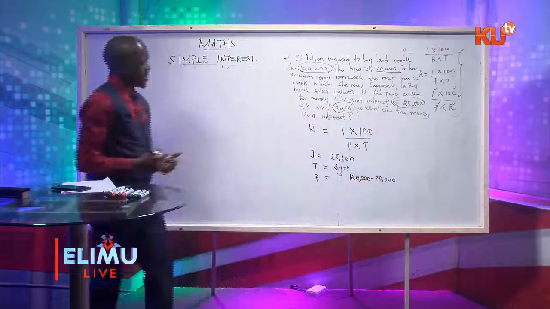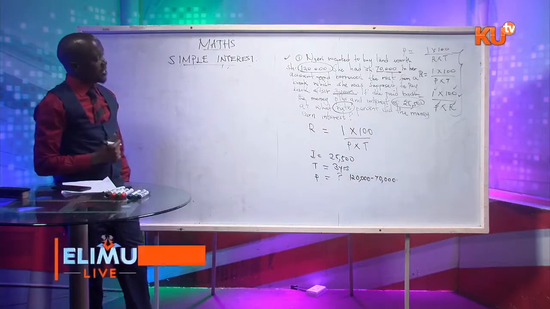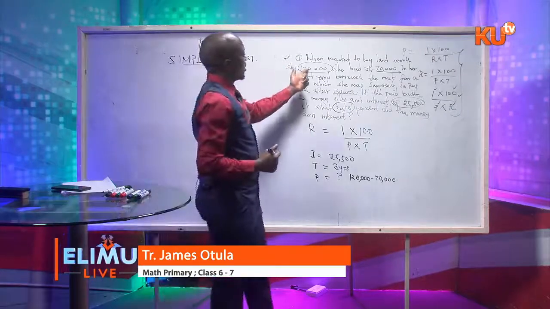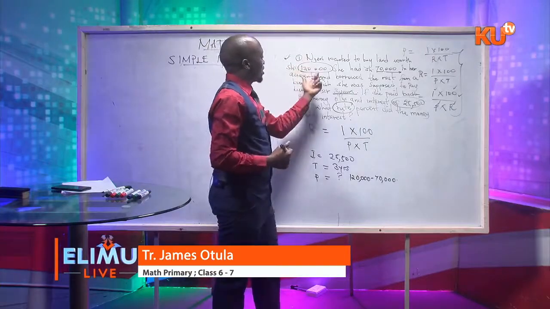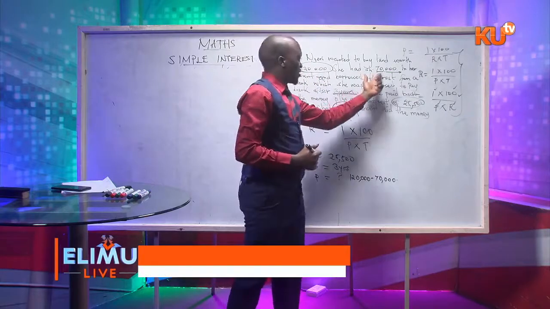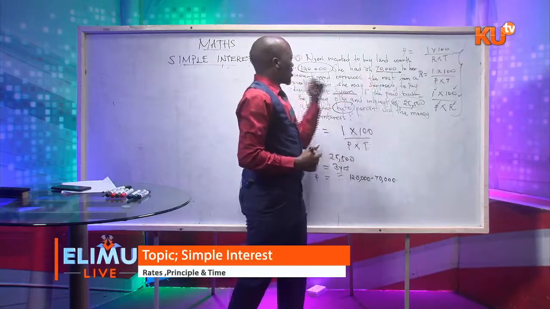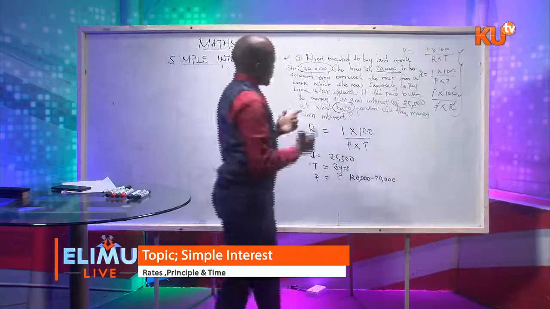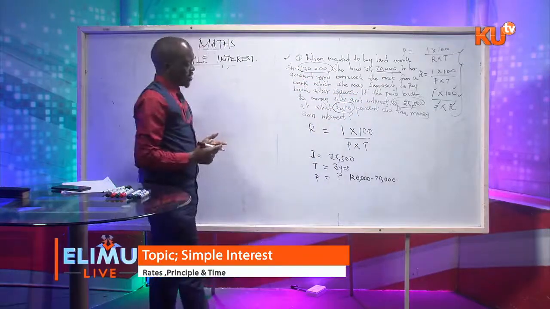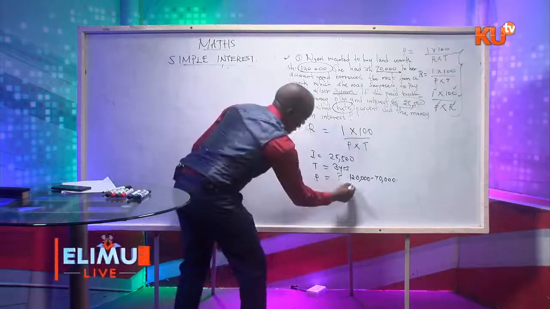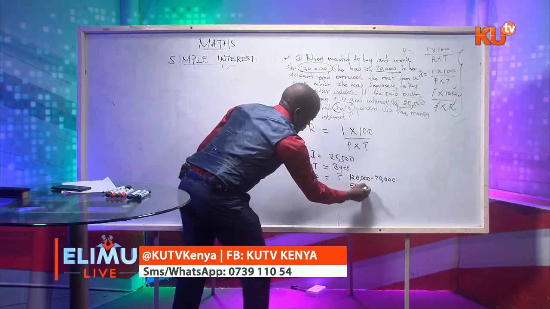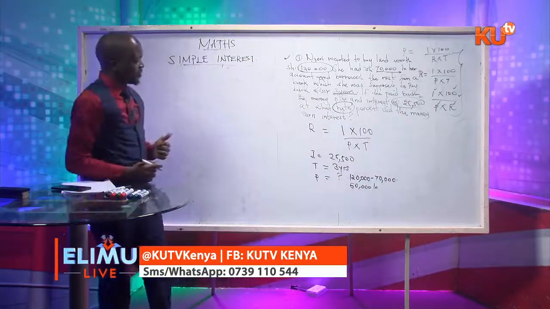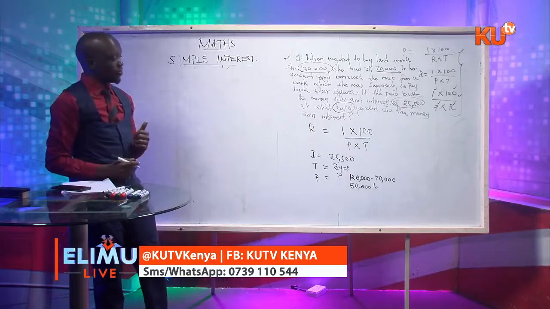Why am I saying 120,000 minus 70,000? It's so because the money that she needed, the land was worth 120,000, but she already had something, 70,000, meaning that the money that she needed to borrow here was the difference between the two. So the difference between 120,000 and 70,000 is 50,000. So after finding that the principal is 50,000, you are good to go.